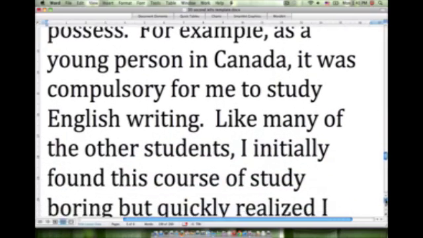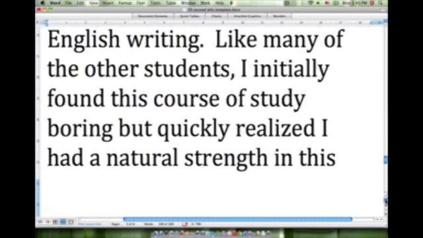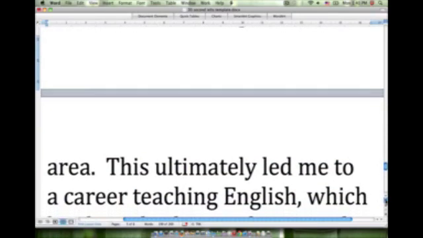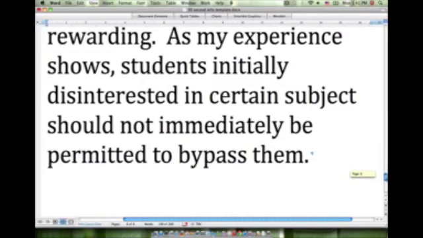Like many of the other students, I initially found this course of study boring, but quickly realized I had a natural strength in this area. This ultimately led me to a career teaching English, which has been both stimulating and rewarding. As my experience shows, students initially disinterested in certain subjects should not immediately be permitted to bypass them.